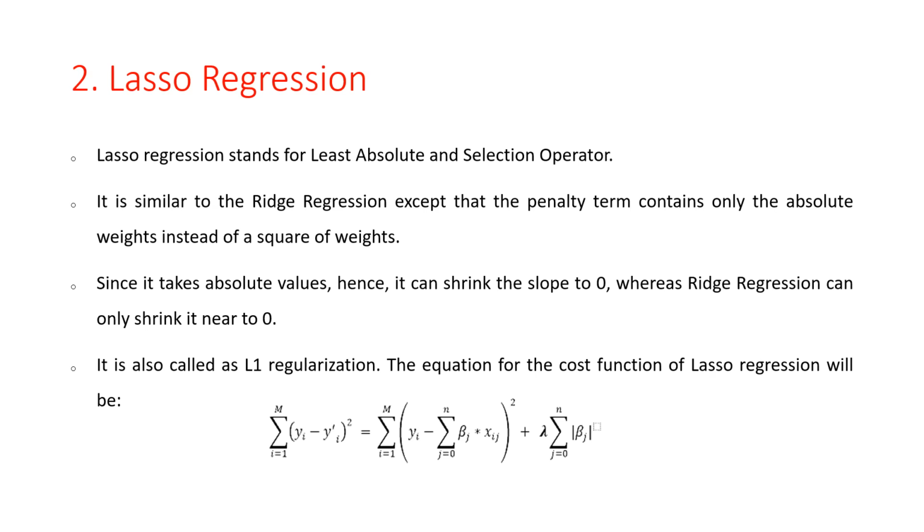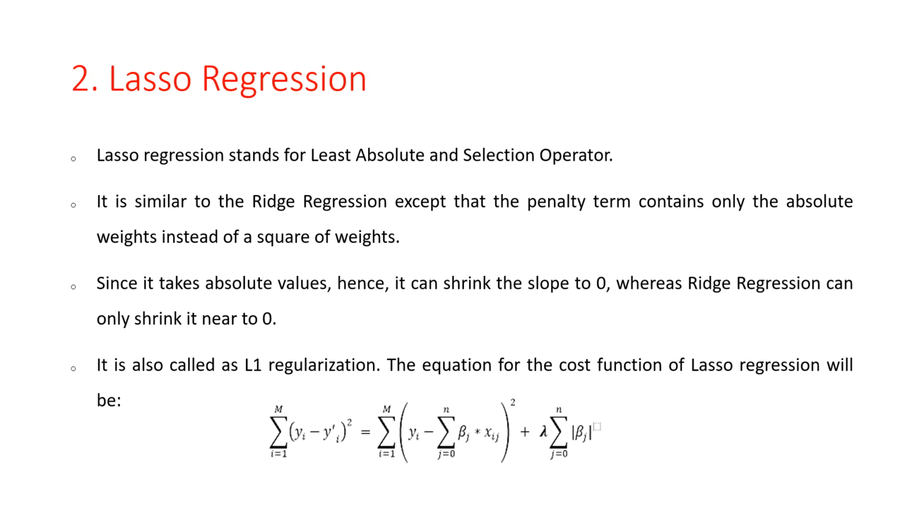So it takes absolute values, hence it can shrink the slope to 0, whereas ridge regression can shrink it only near to 0. In lasso regression it shrinks to 0. So it is also called L1 regularization.